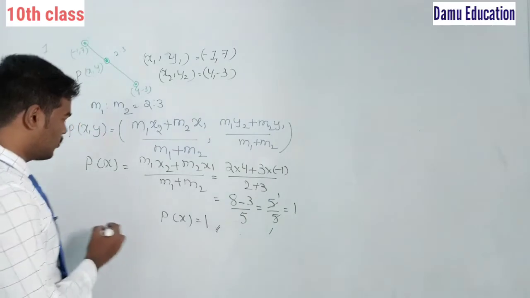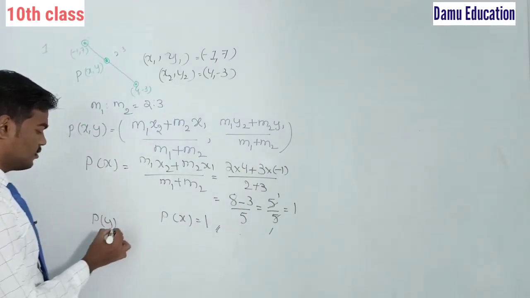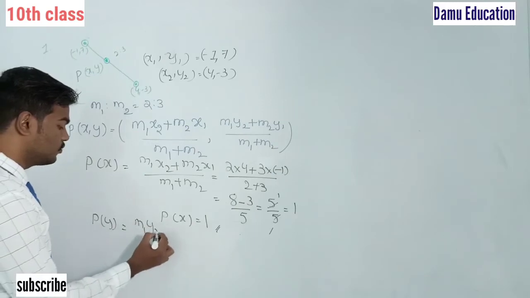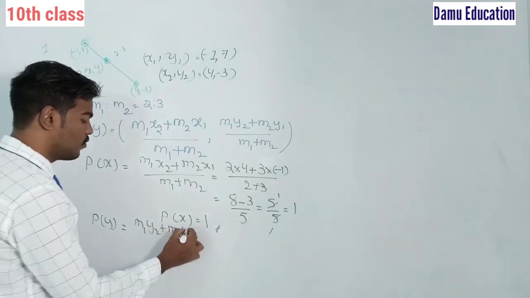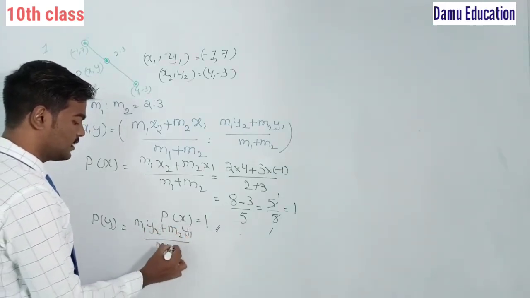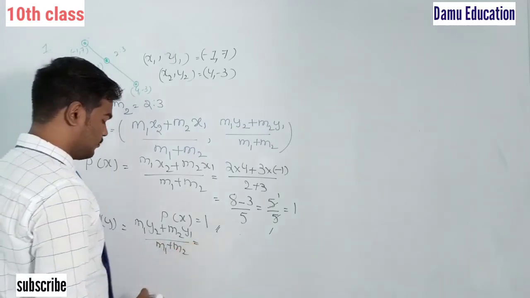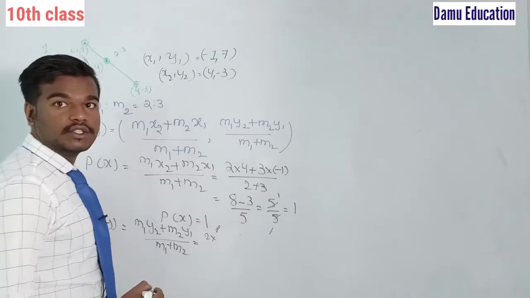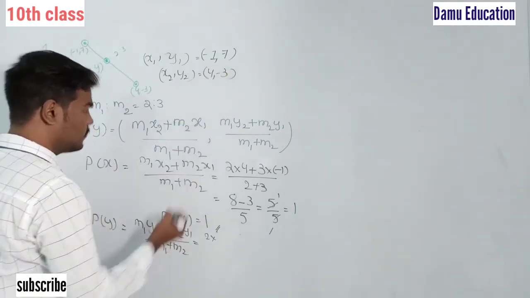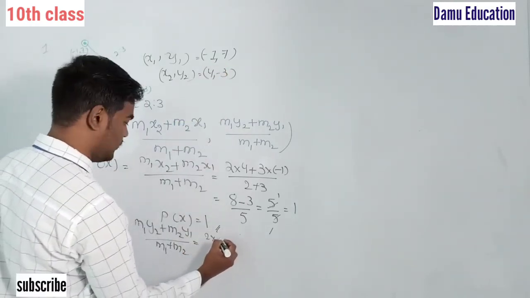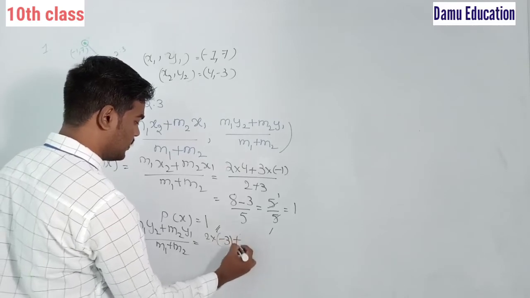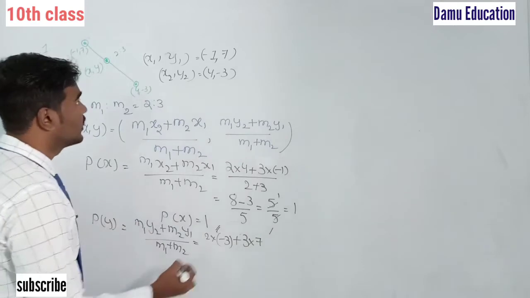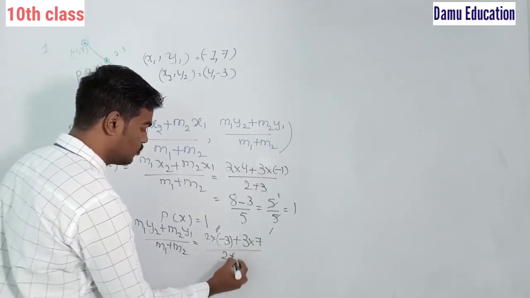What is the formula? P of y equals m1 y2 plus m2 y1 by m1 plus m2. So m1 we already know, that is 2, into y2, which is -3, plus m2 which is 3, into y1 which is 7, whole divided by 2 plus 3.